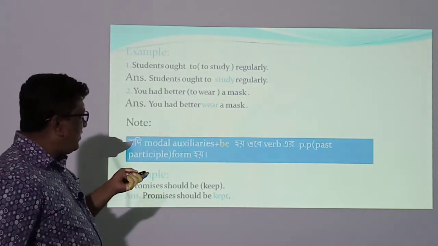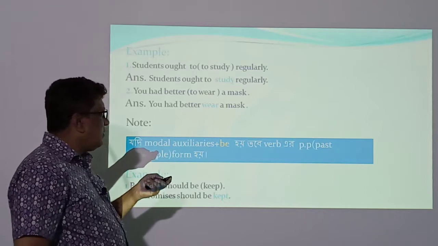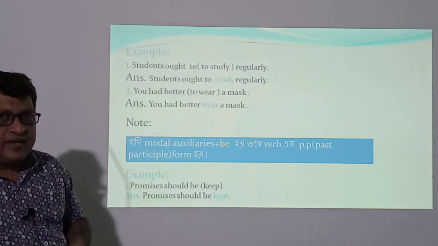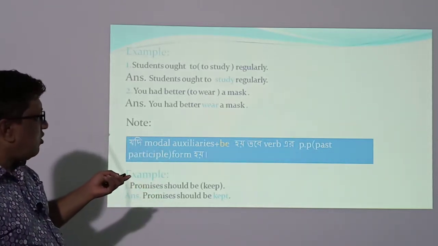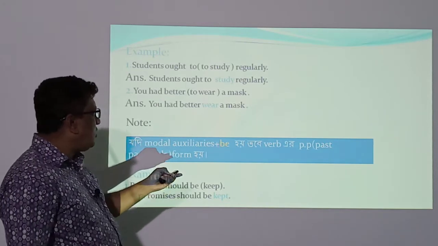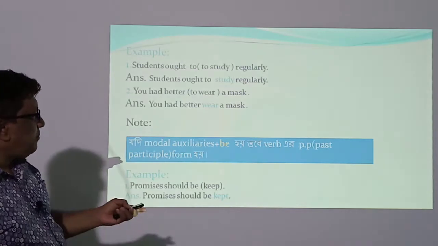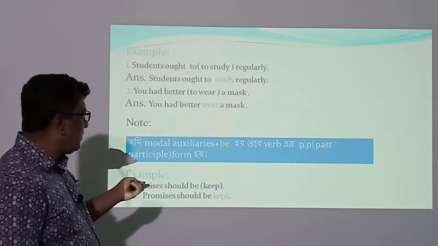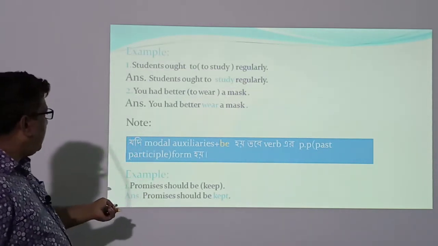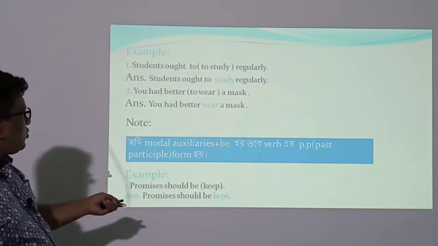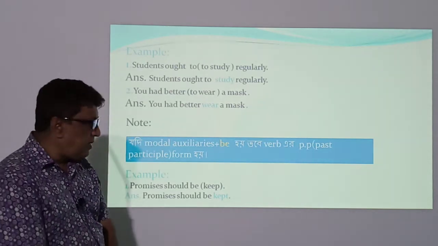If a modal auxiliary is followed by the auxiliary verb be, then we have to use the past participle form of the verb. Example: promises should be, within bracket, keep.